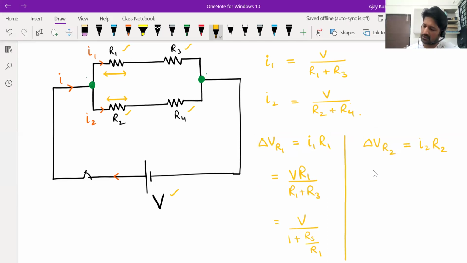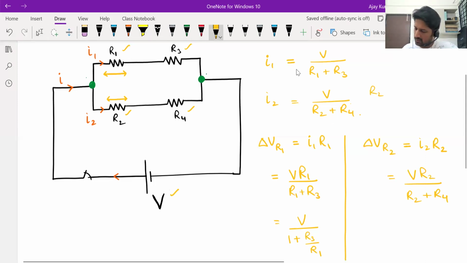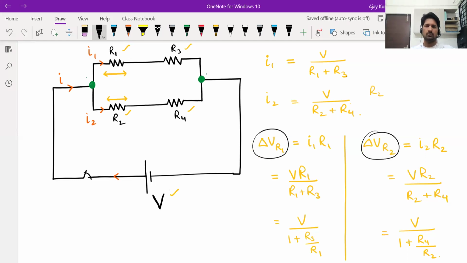Similarly, potential difference across R2 is I2 R2, where I2 is V by R2 plus R4, multiplied by R2. So it becomes V R2 by R2 plus R4. Sending R2 to the denominator, you can write this as V divided by 1 plus R4 by R2. So what we have derived so far is the potential difference across R1 and the potential difference across R2.